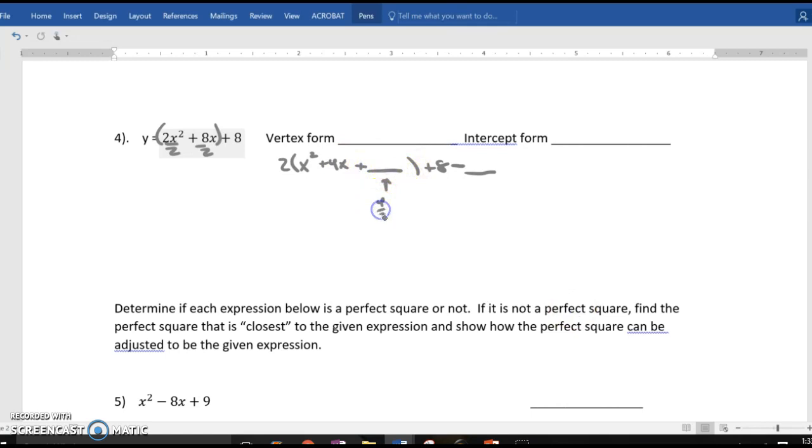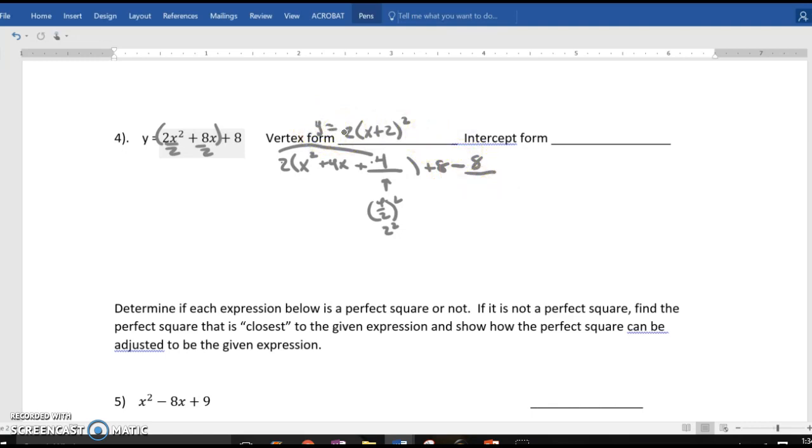Well, half of 4 squared will give me 2 squared, which is 4. But when I subtract, 2 times 4 is 8. So I have to subtract 8 also. So this becomes 2 times x plus 2 all squared. And then 8 minus 8 is 0, so I am good here.